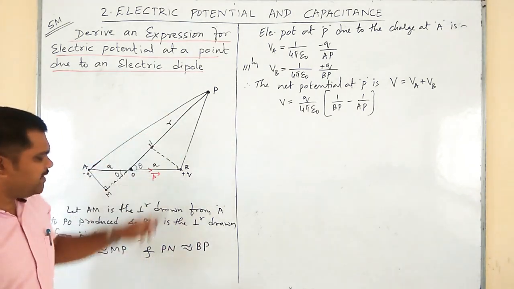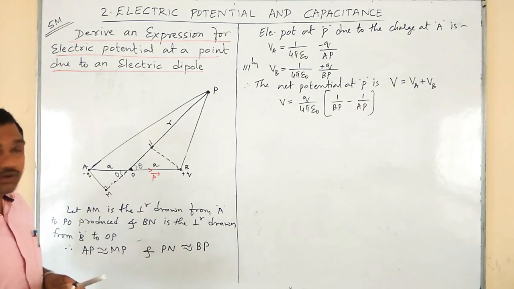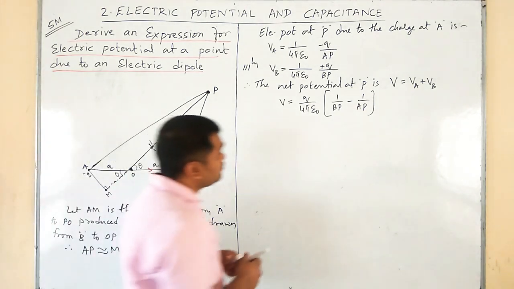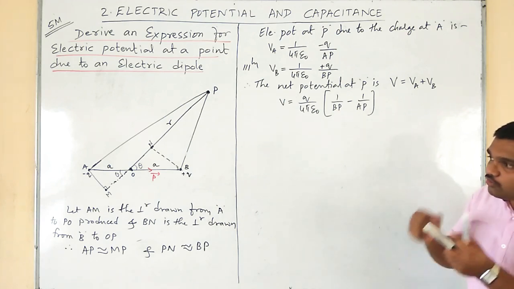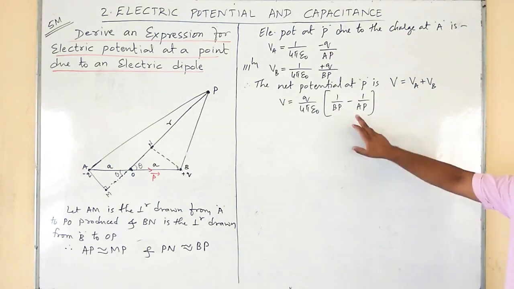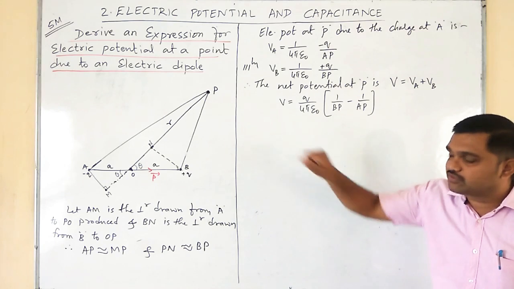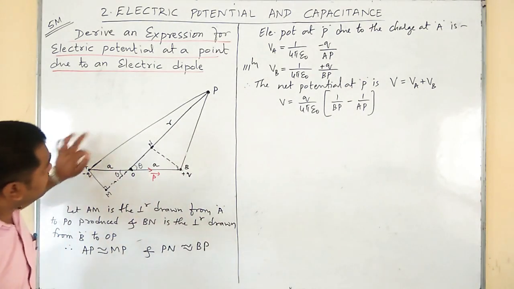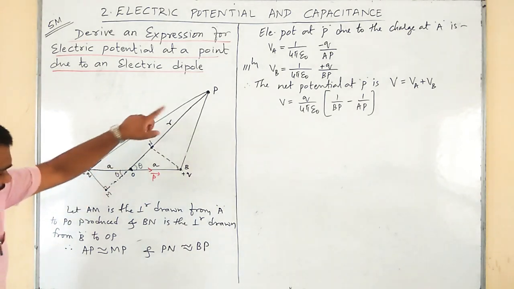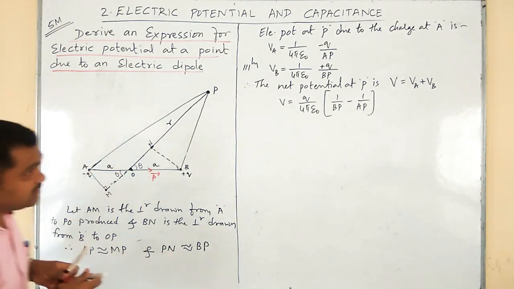Isn't it? NP or PN approximately equal to BP. Now, what can we substitute in place of BP and AP? How to know the value of BP and AP in terms of small r? Means, see, in case of AP, it is MP, isn't it?